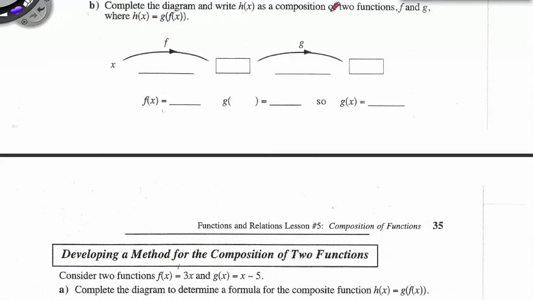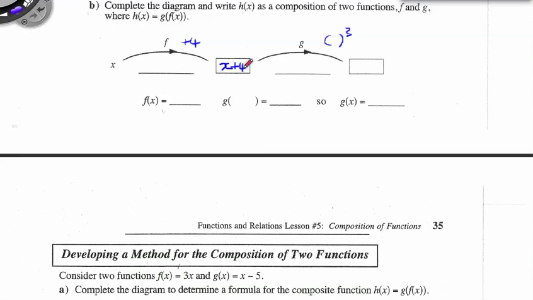Part B of this is saying complete the diagram for this. So what we're doing here is we took x and we added 4. That's what was happening. And then we took our answer and cubed the whole thing. So whatever we got, we cubed it. Using just the function f, x will turn into x plus 4.